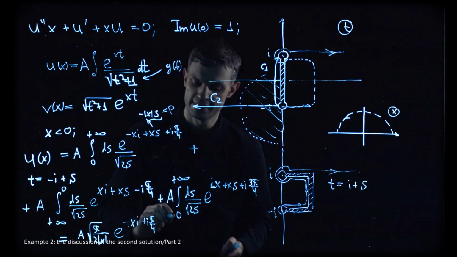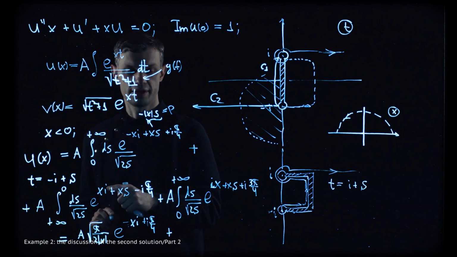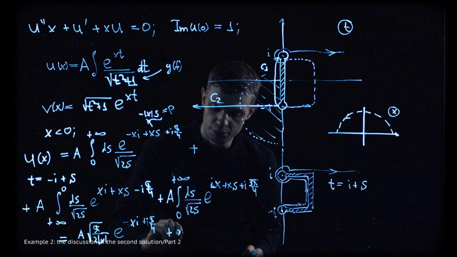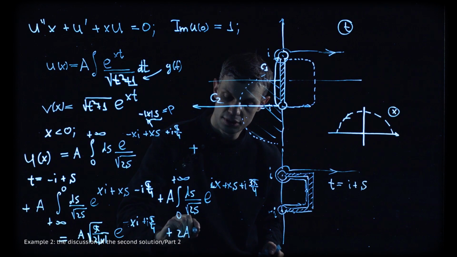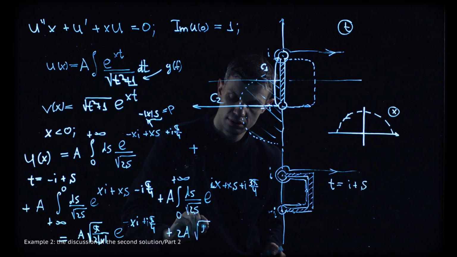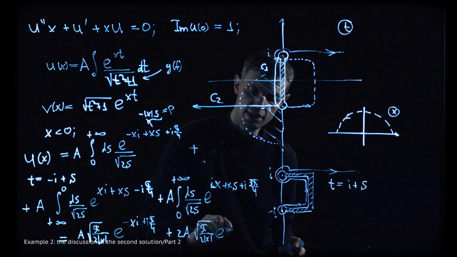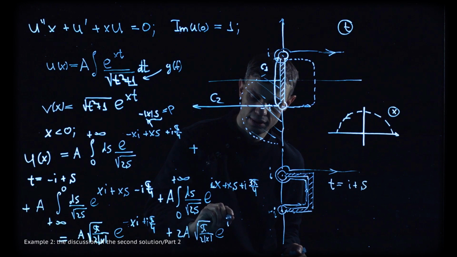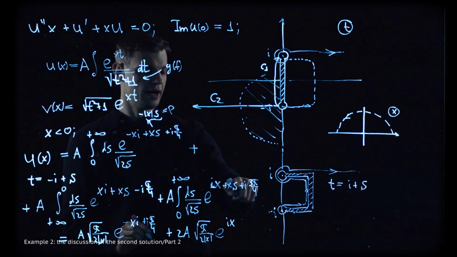And this is the contribution from the second, the upper branch point, which is 2a square root of pi by 2 modulus x times e to ix plus 3 pi by 4.